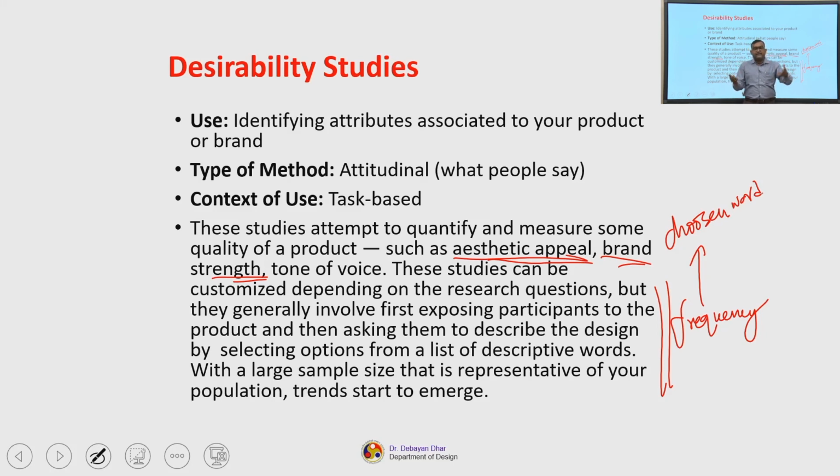If the number is small, for example, in 10, if 3 people are saying this, 3 people are saying this, 4 people are saying this, increase the numbers. As you increase the numbers, you would see the variations start emerging. One factor will become dominant, the other becoming lesser and lesser dominant. And it is at that point of time we realize that this is the factor that is dominant across our actual users or representative users.